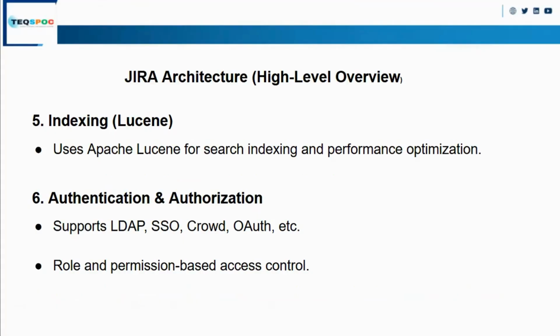You have seen how Jira does the indexing and optimizes the flow of data with the help of performance optimizers. Then how Jira handles security in the backend: it uses OAuth2 for backend security, which is common security in Java Spring Boot applications, along with role and permission control. So this is basically the Jira architecture.